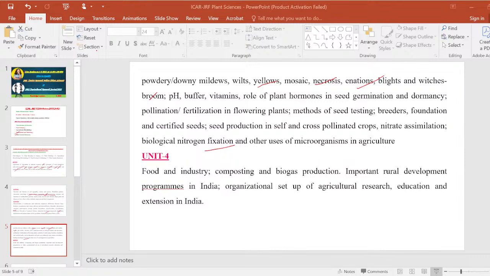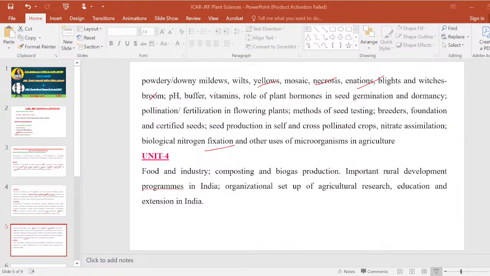If somebody is saying another book is better than what you are reading, don't shift books. Stick to one standard book and repeat it thoroughly, like 2 times, 3 times, 4 times, as many times as you want. That is only one book.